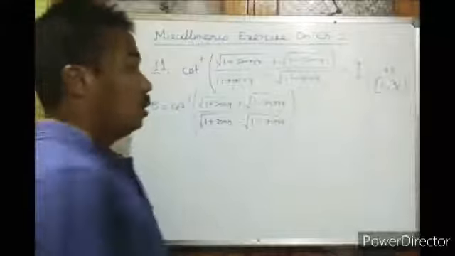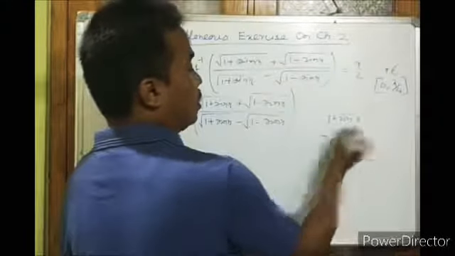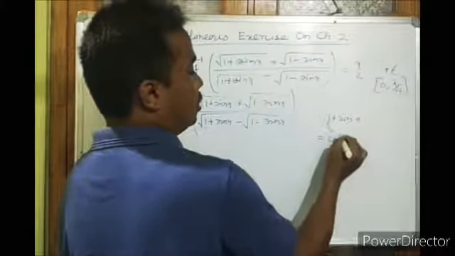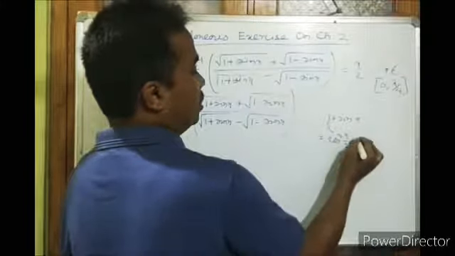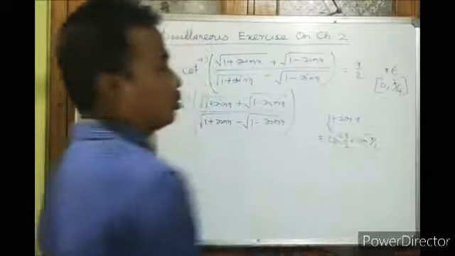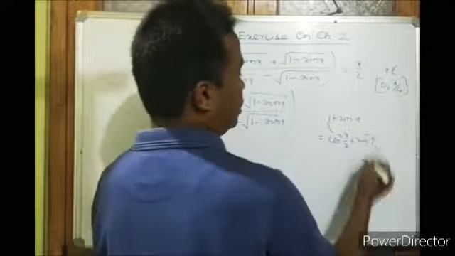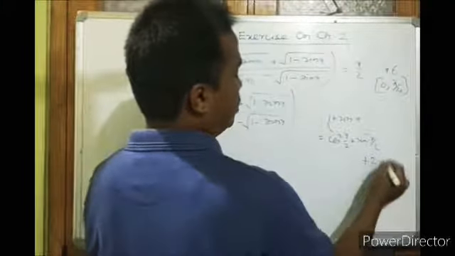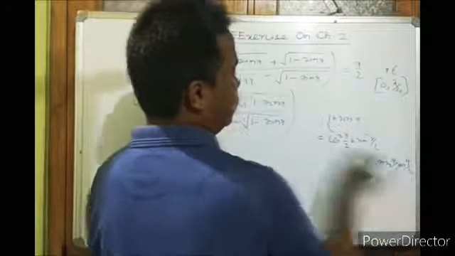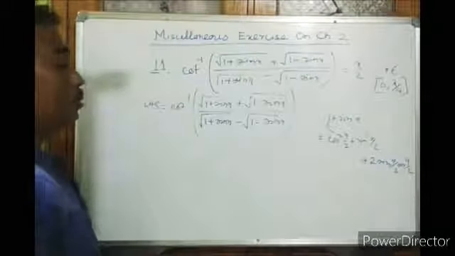Now we know 1 plus sin x: in place of 1 we can write cos square x by 2 plus sin square x by 2, and sin x can be written as twice sin x by 2 cos x by 2. In that case 1 plus sin x becomes (cos x by 2 plus sin x by 2) whole square.